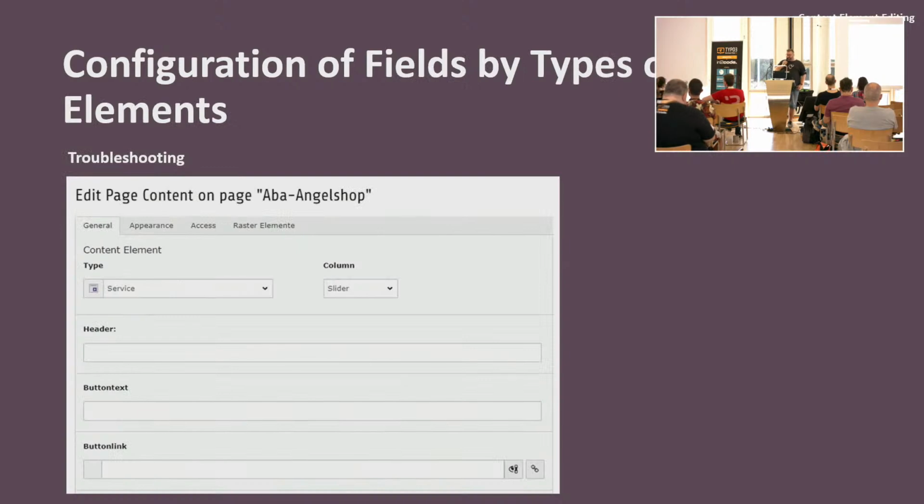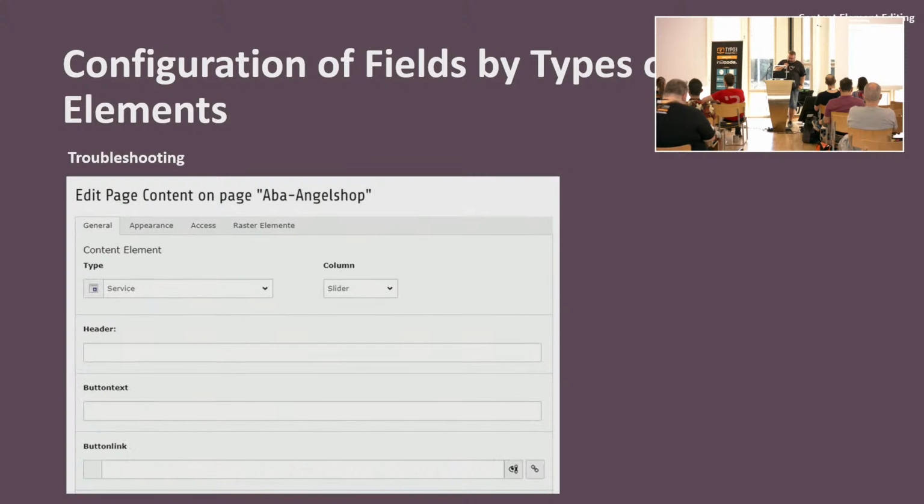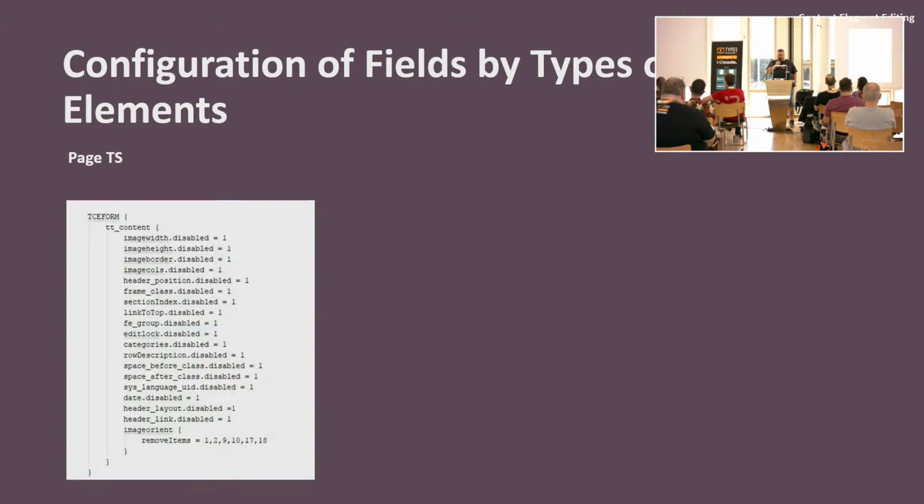This is the same, but here we now have a CType service with a button link, and we don't want the button link in the service. We can configure many more here. I have shown it before. You can disable every field that you want, and that you don't use for the editors.